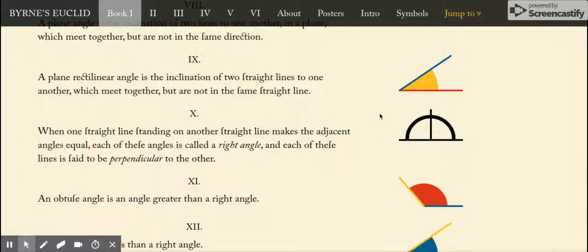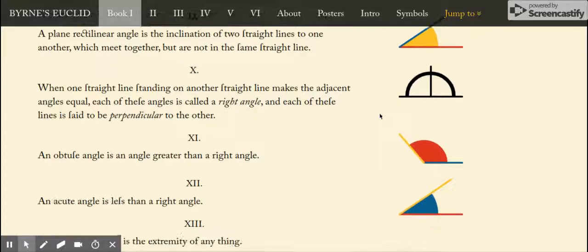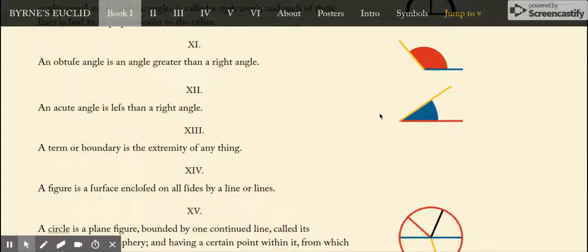When one straight line standing on another straight line makes the adjacent angles equal, each of these angles is called a right angle, and each of these lines is said to be perpendicular to the other. An obtuse angle is an angle greater than a right angle. An acute angle is less than a right angle.